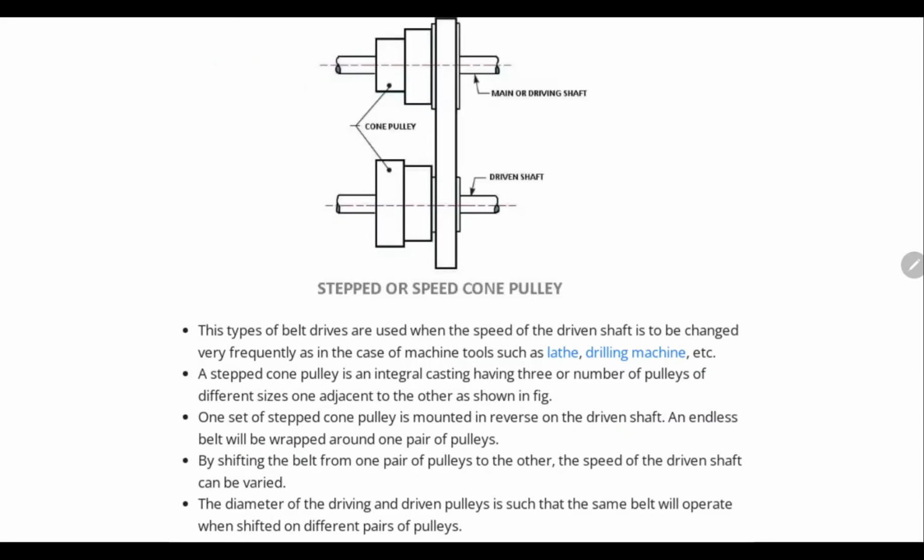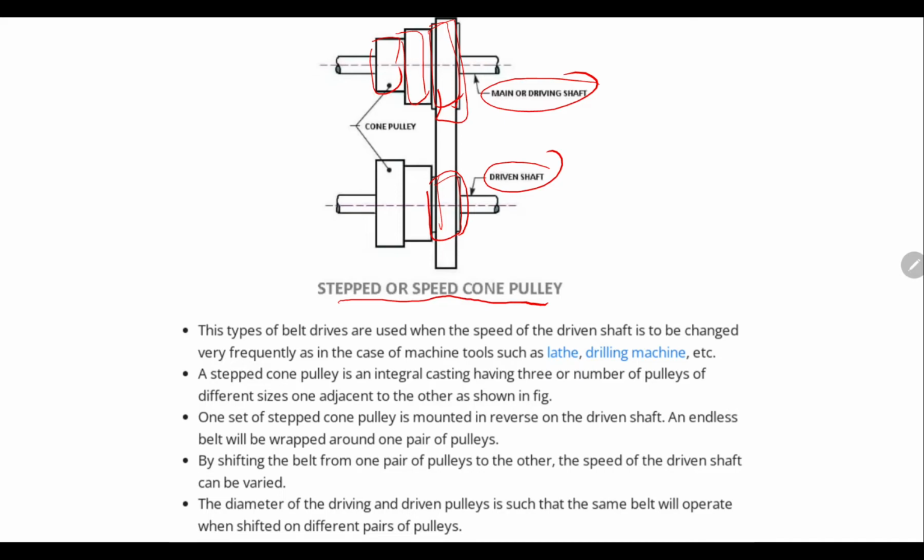Then stepped or speed or cone pulley drive. You will see that this is the main or driving shaft and this is the driven shaft. On that you will see that different pulleys are mounted. So this bigger diameter pulley is connected to the smaller diameter pulley by using the belt drive. So that's why it is called stepped or cone pulley drive.